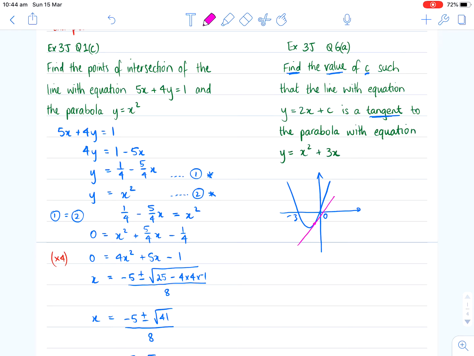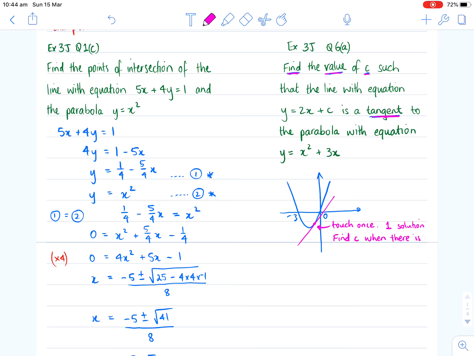So it might be a point here, for example, so that my linear line comes along, just hits that graph once, and then keeps going. So a tangent line represents the curve at a single point. But the key thing here is that it touches once. So that means that there is only one solution. So when we put all of that together, we need to find the value of c when there is one solution.